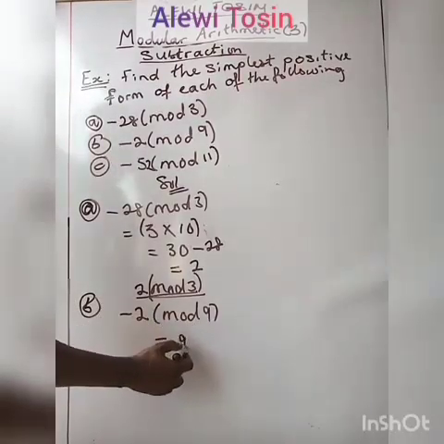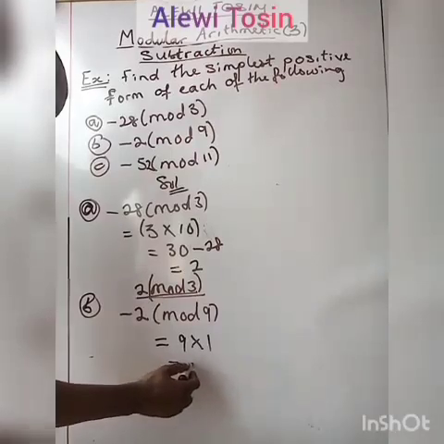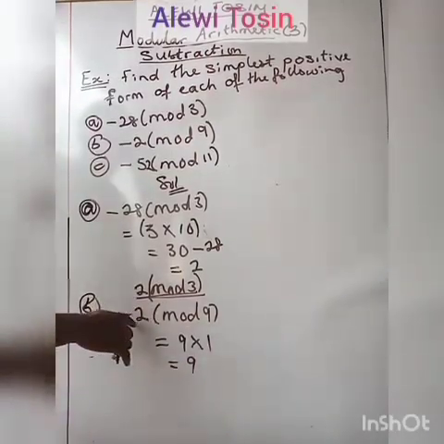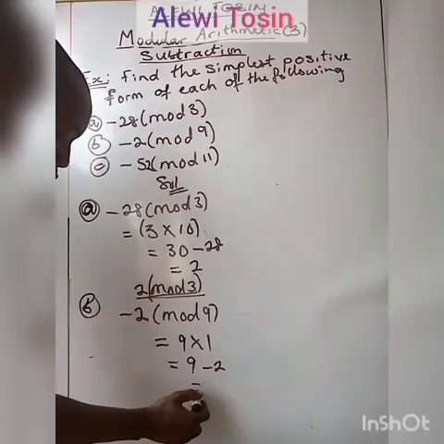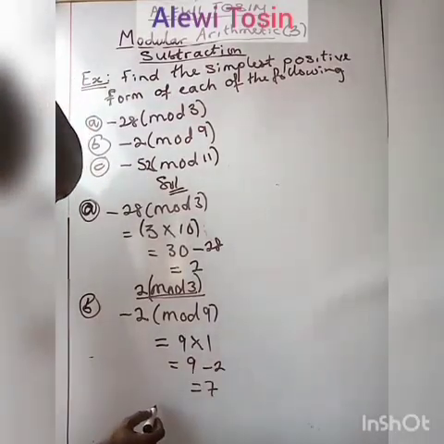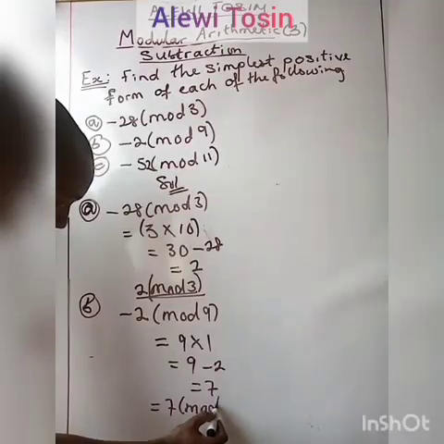This is 9. If I multiply 9 by 1, it will give you 9, which is bigger than 2. So 9 minus 2 will give me 7. So we say this is 7 mod 9.